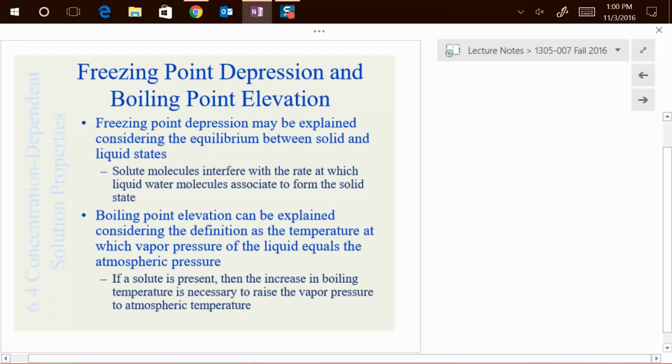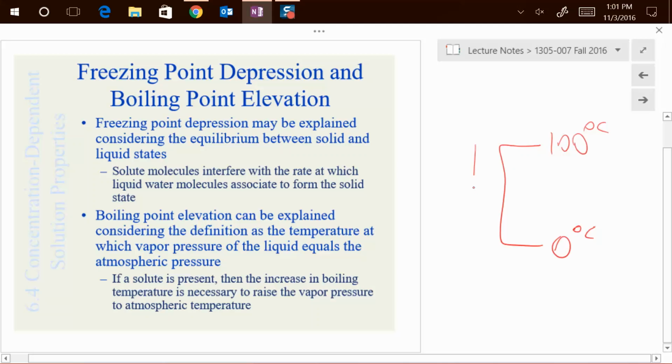Now, with freezing point, you get a depression, and with boiling point, you get an elevation. Water freezes at 0 degrees Celsius. If I add something to the water, it will freeze at a lower temperature than 0 degrees Celsius. If I add something to water, it causes the boiling point to go above 100 degrees Celsius. Here you have 100 degrees Celsius, and here you have 0 degrees Celsius, the freezing and boiling points of water.